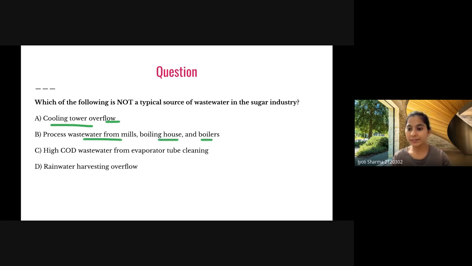We already have discussed the steps. Then high COD wastewater from evaporator tube cleaning. There was one step of the evaporation of the clean syrup, and the cleaning of that will also give you high COD. But this one is the odd one out, so it is not a source of wastewater in the sugar industry. So that's how D is the right answer.